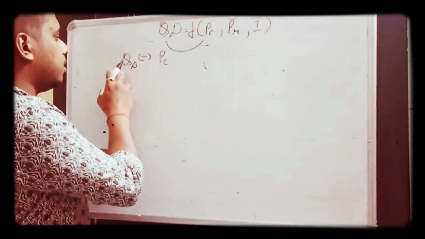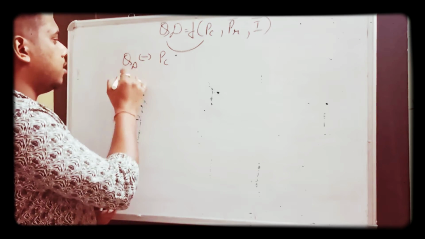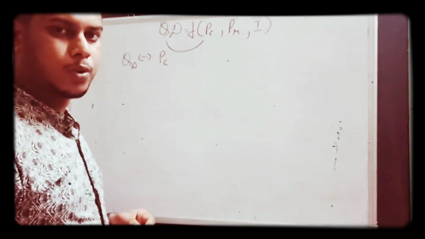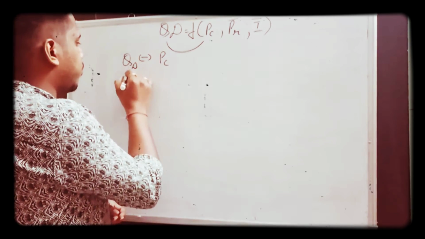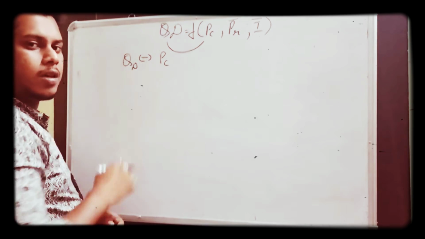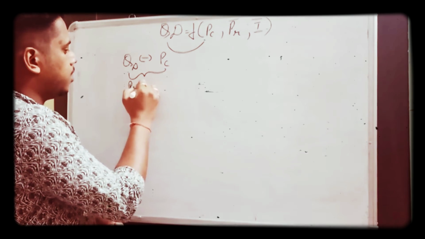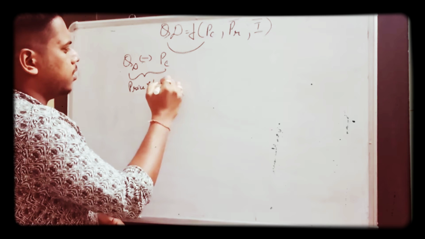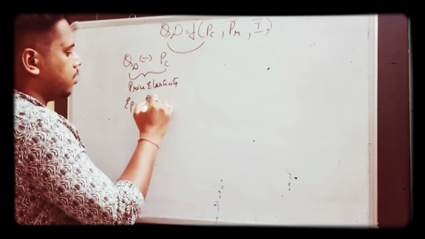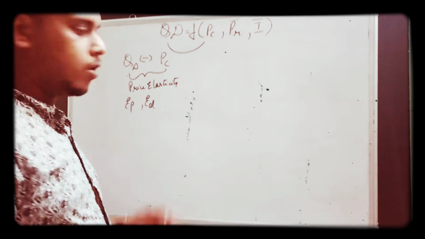This variable reacts to a change in that variable, so obviously there is an elasticity between them. When we study the elasticity between the price of the commodity and the quantity demanded, we term it price elasticity. If we study price elasticity of demand, it can be denoted as ED or EP.